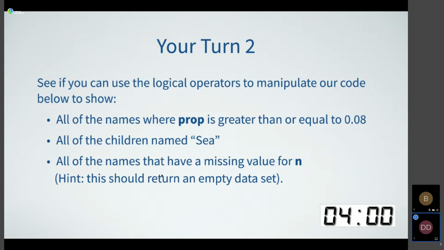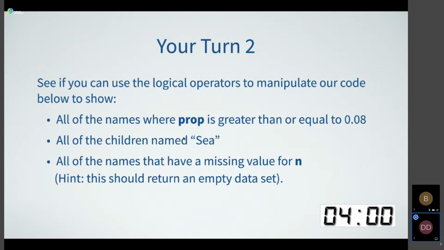So popping back in, this is an exercise where we're going to try to get a whole bunch of things based on a couple of filter operations. So you're going to need 3 different filter operations to solve this. First, all the names where the proportion variable is greater than or equal to this number, 0.08.